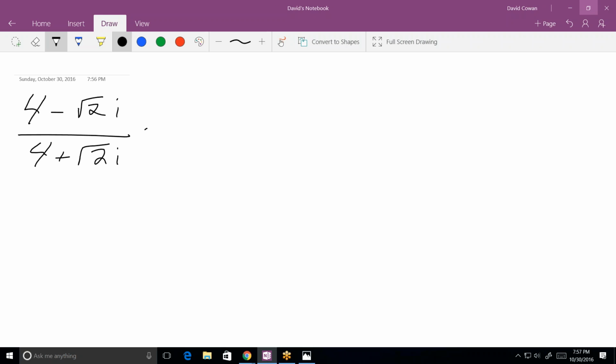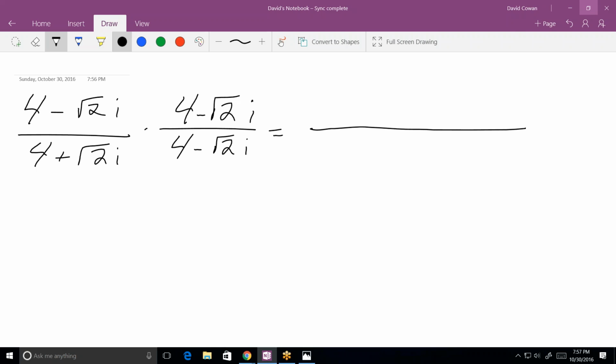So what am I going to do here? 4 minus the square root of 2i on both the top and the bottom. Now do the top. Okay, so that'll be 16. Using that formula, what is a minus b quantity squared?